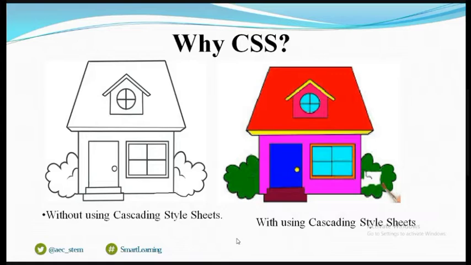It means we decorate our house using different colors. So, HTML is just used to make the content in your web page, and CSS is used to include different colors, different layouts and fonts for that content.